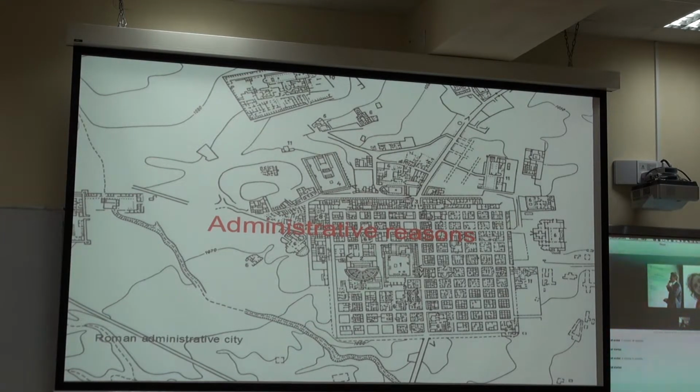Yes. So the next, I think, quite important reason for cities to come into being was simply administrative reasons. Here we see an example of a typical administrative city in the Roman Empire.